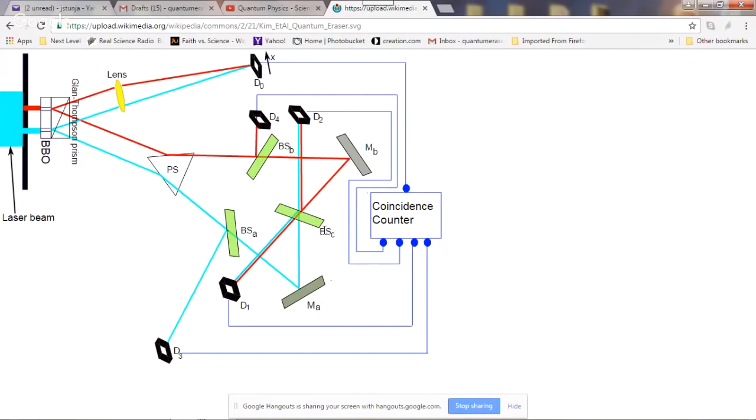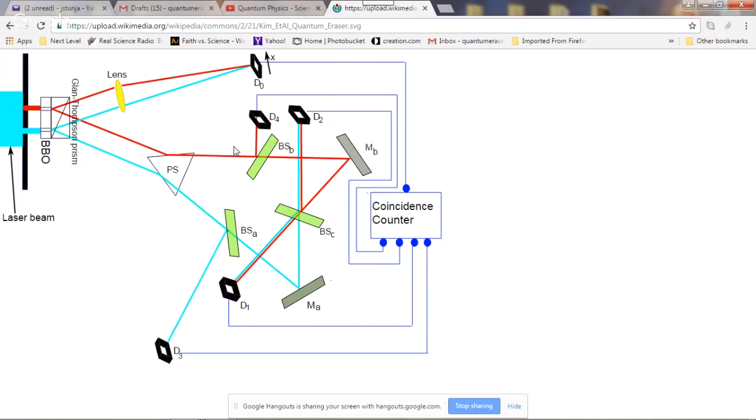So what happens in this experiment is quite amazing. Remember, we have no slit detectors over here. There's no way to know which slit it went through besides where the photon ends up. Like I said, if it hits D3, well, we know where it came from. It came out of B. Hit D4, it came out of A. Every single time that a photon hits here at D4 or D3, we get no interference.